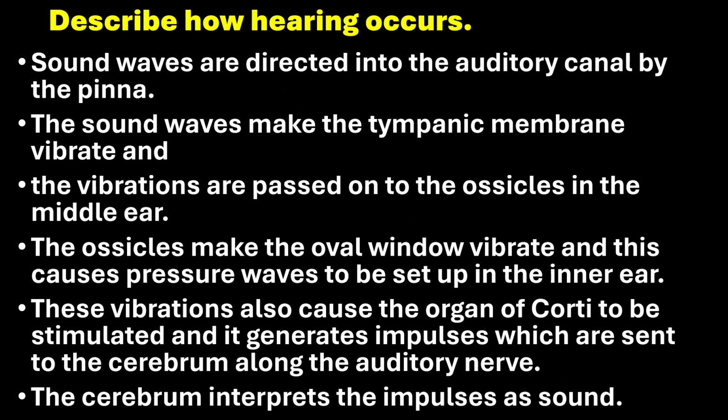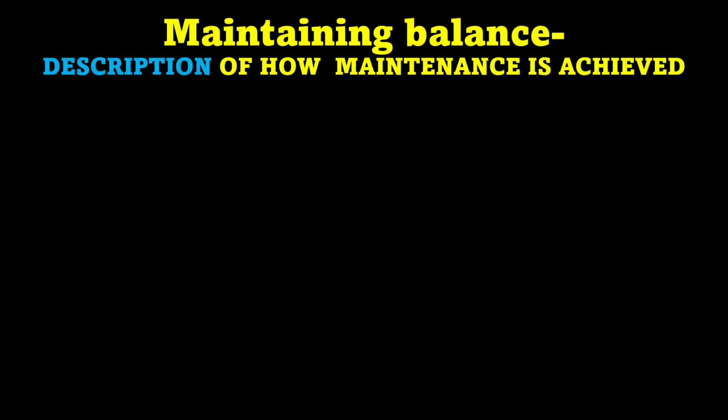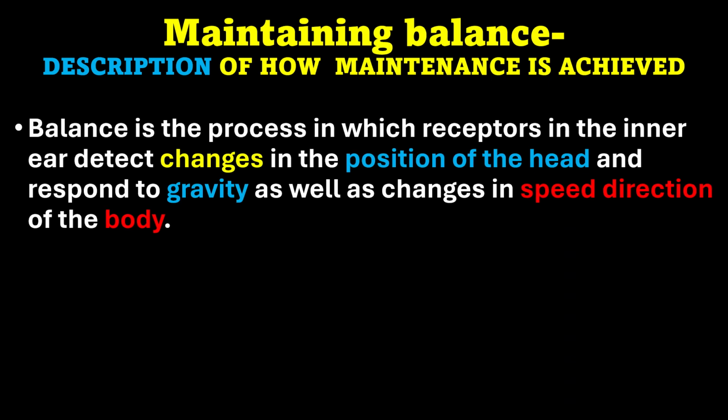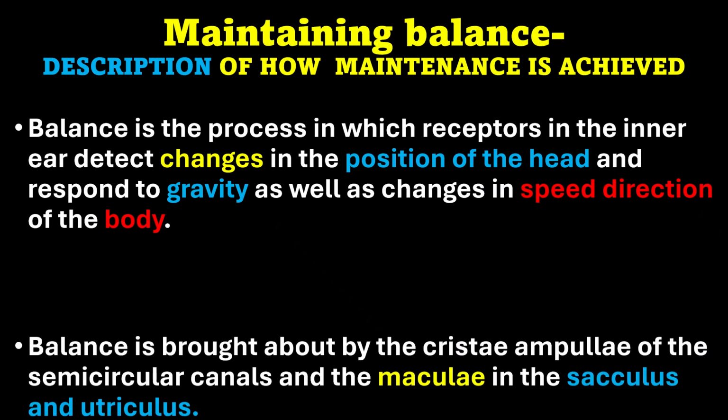Then we go on to the maintenance of balance. This is a description of how maintenance of balance is achieved. So first and foremost, balance is a process in which receptors in the inner ear detect changes in the position of the head and respond to gravity as well as changes in speed and direction of the body.